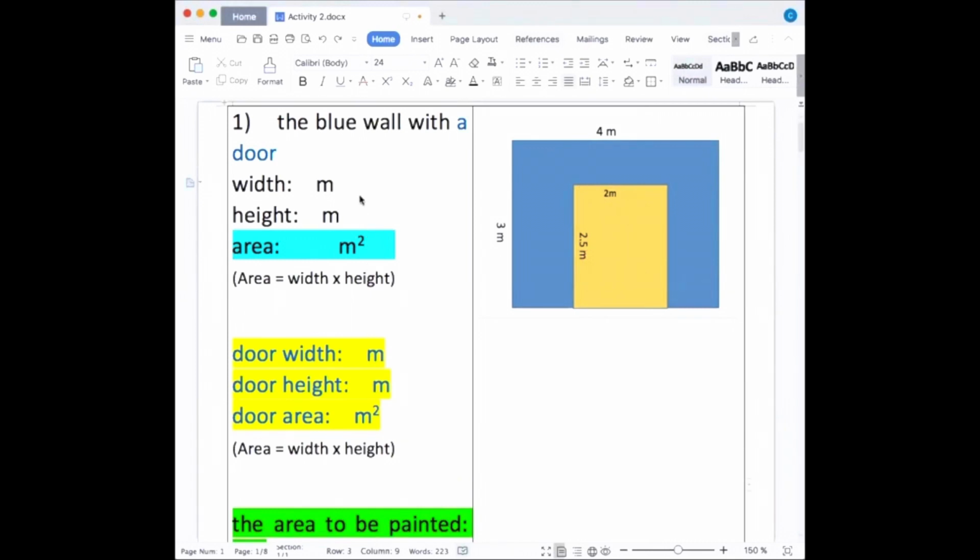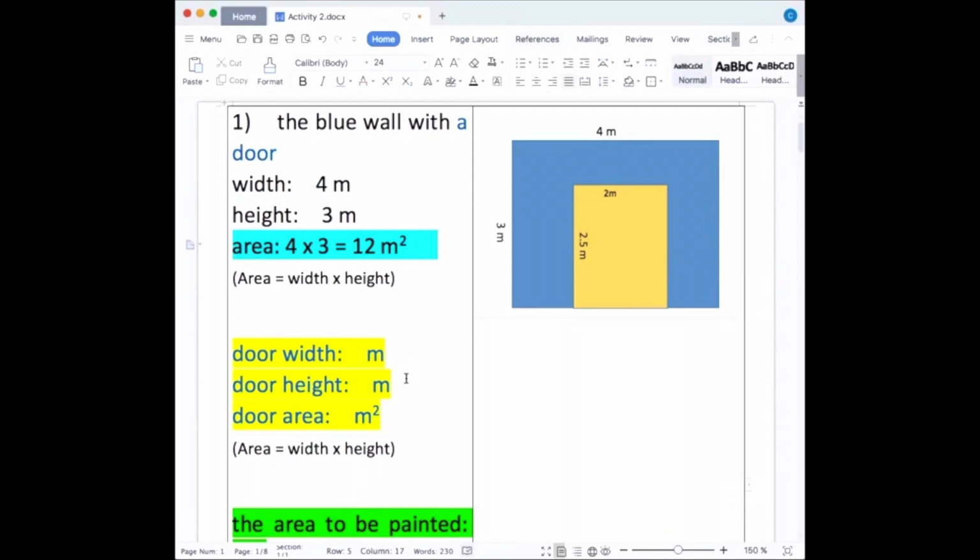Please look at this. We know that we have 4 walls to be painted. One of the walls is the blue wall with a door. Now we measure the width of the blue wall is 4 meters, and the height is 3 meters. We can calculate the area of the blue wall is 4 multiplied by 3 equals 12 square meters.